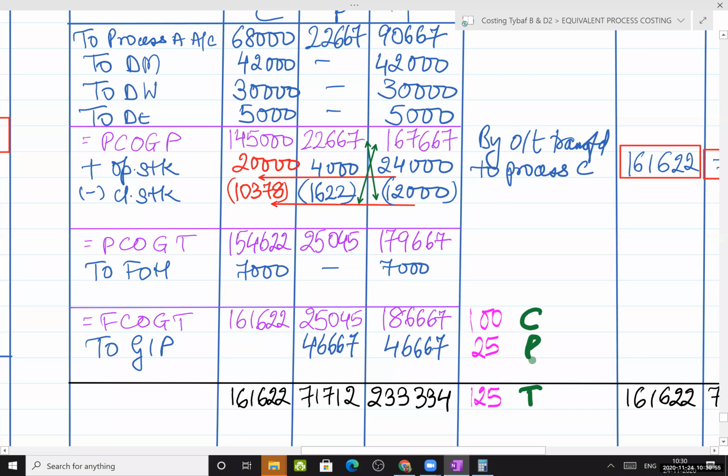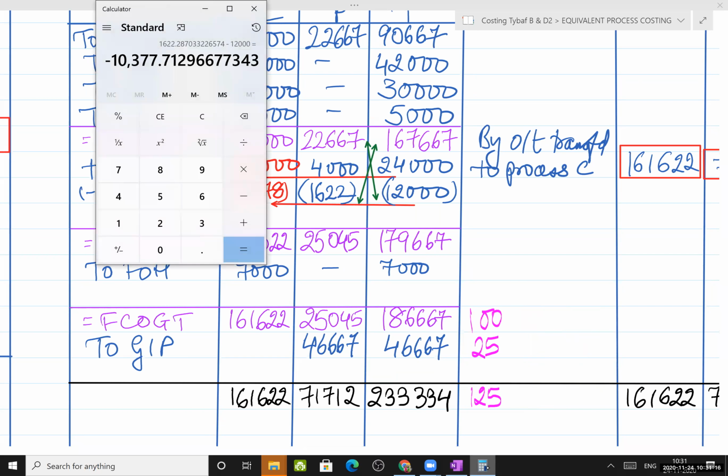Profit कितना बोला है? 25% on cost. So cost is the base. The cost will be 100. Profit will be 25. Add. So my transfer price will be 125. Okay, and this indicates cross multiplication, obviously. So cross multiply, you will get the answer.